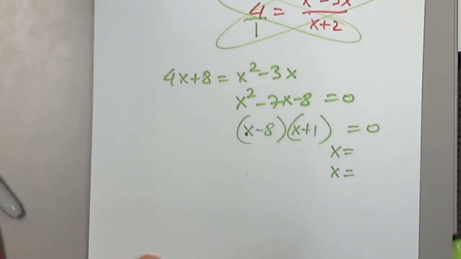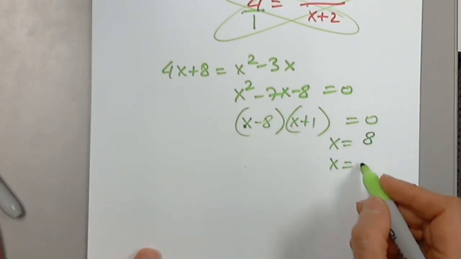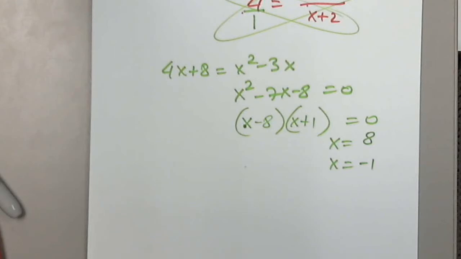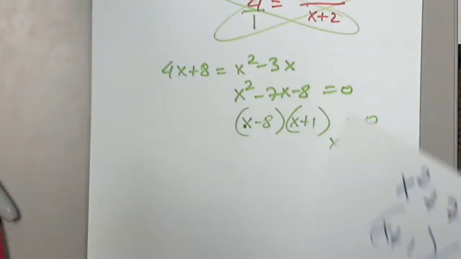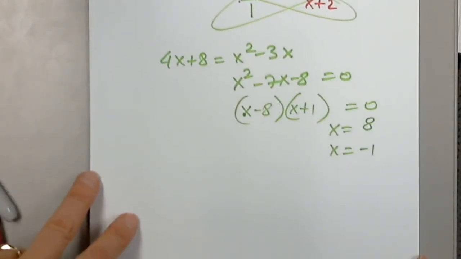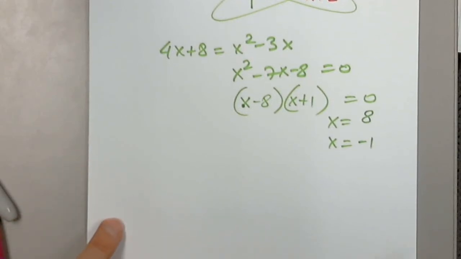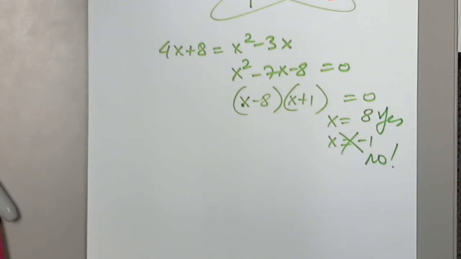So x equals positive 8, negative 1. Perfect. So now I'm going back. I'm digging deep. And what will I conclude? Only x equals 8. Very good.